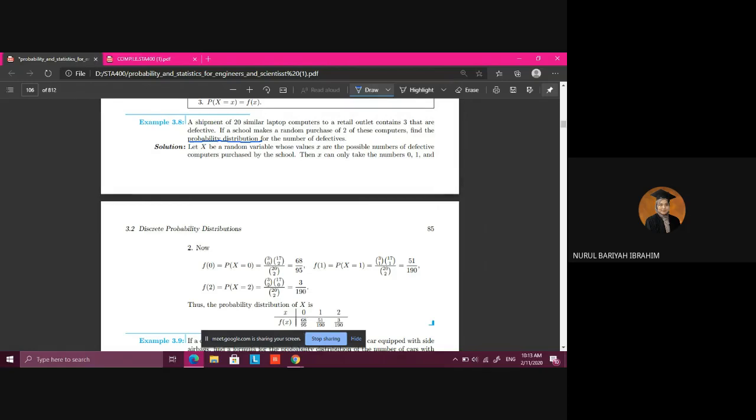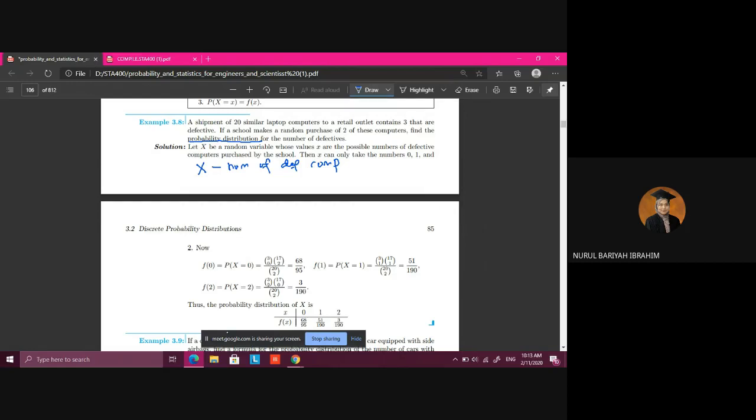Okay, so sekarang ni dia punya random variable apa dia? So first of all, sebelum you buat you punya distribution table ni, kena determine dulu what is the random variable here. Random variable, apa benda yang you nak kaji kat sini adalah number of defective computers. Okay. And then we know that from 20 computers, 3 of the computers adalah defective.